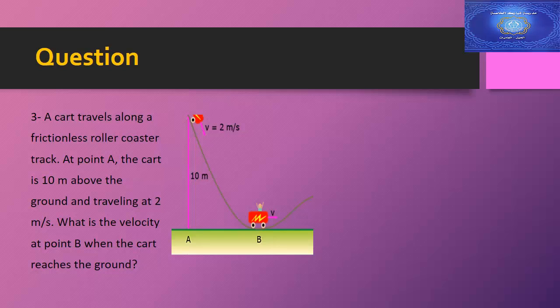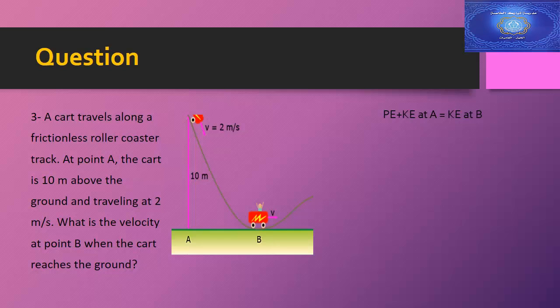At point B we have only kinetic energy because the car reaches the ground. There is no height, so no gravitational potential energy. So at point A the cart has gravitational potential energy and kinetic energy, equal to the energy at point B, which is kinetic energy. So mgh plus half mv squared at point A equals half mv squared at point B.